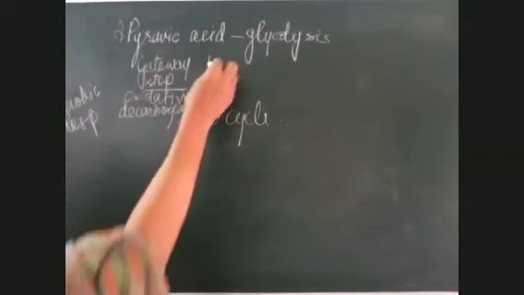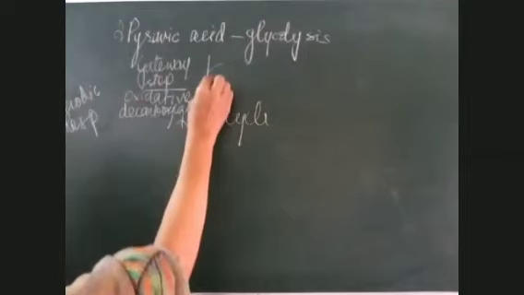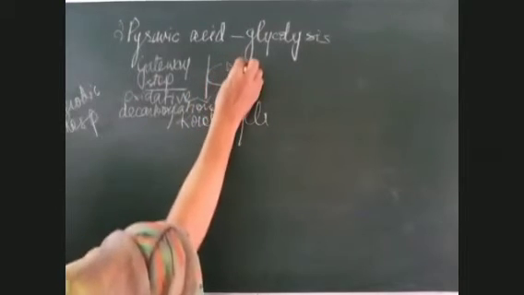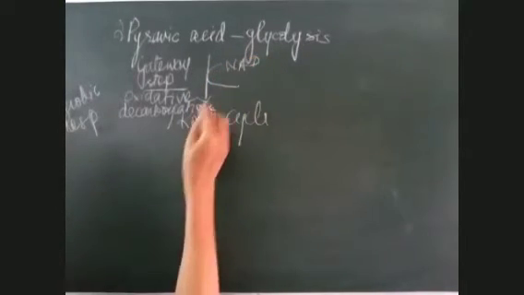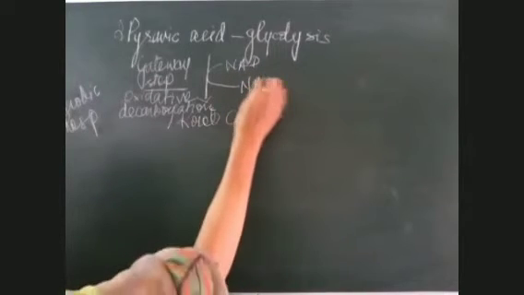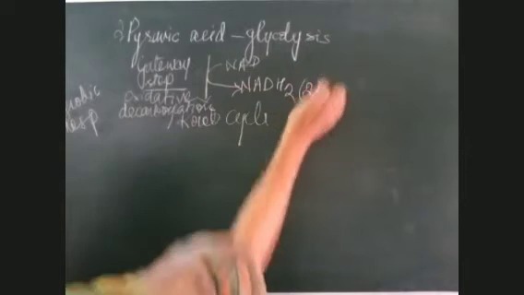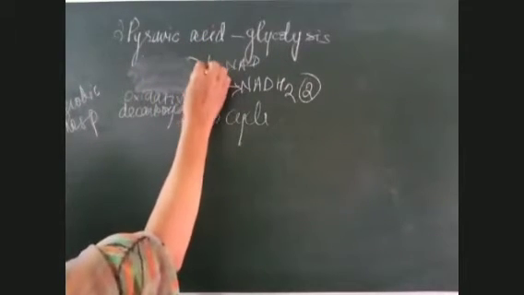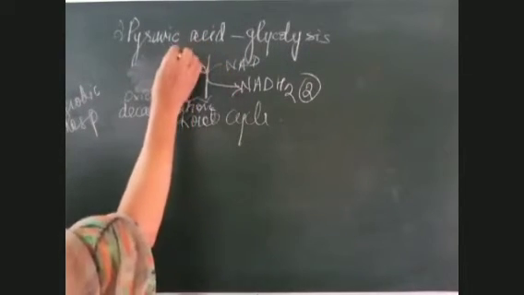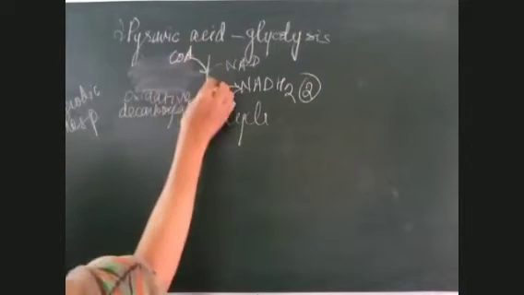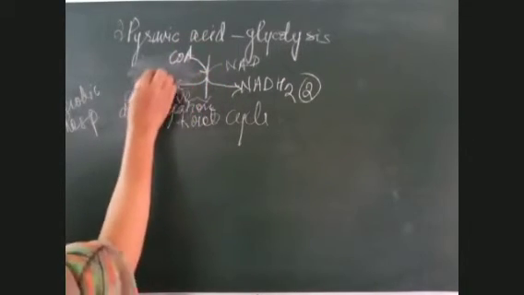So before these pyruvic acid molecules enter the Krebs cycle, they undergo the gateway step, in which NAD gets converted into NADH2. Two molecules of these are formed, and along with that, coenzyme A is added and CO2 is released.